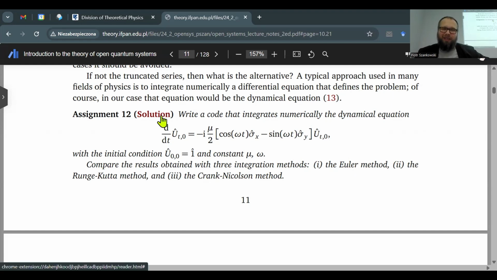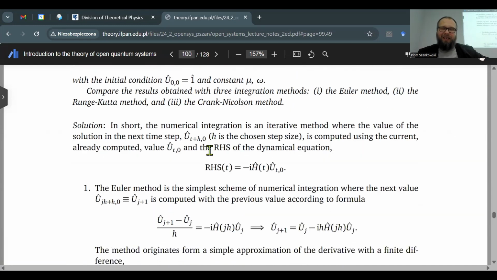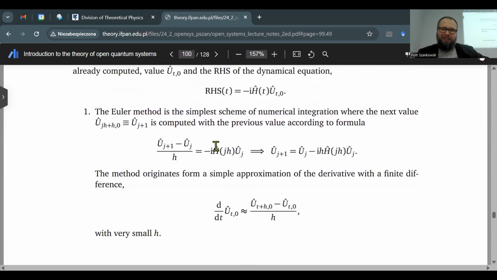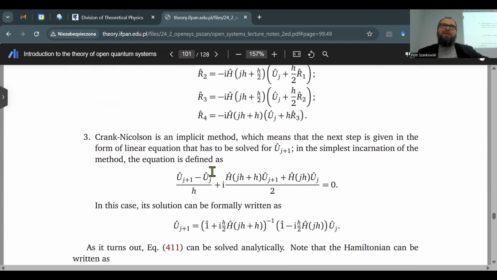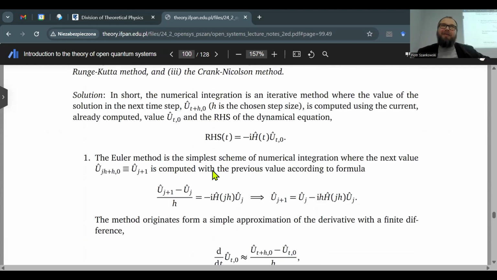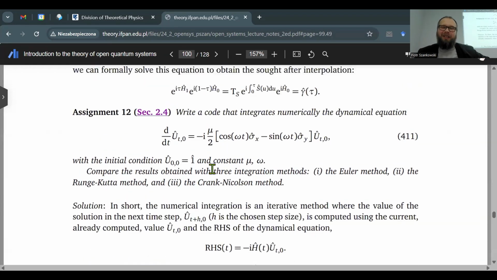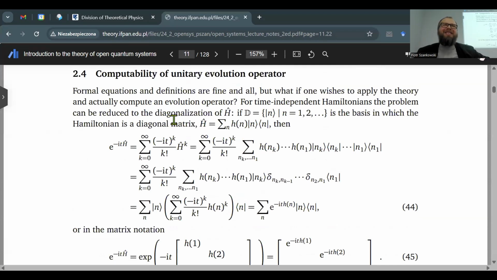If you want to see what those methods are, if you look at the solutions, they are succinctly summarized there. So you can check out what you have to do in your code and try it out. Try writing your code and don't cheat. I know Python has libraries where Runge-Kutta is implemented, everything is implemented.